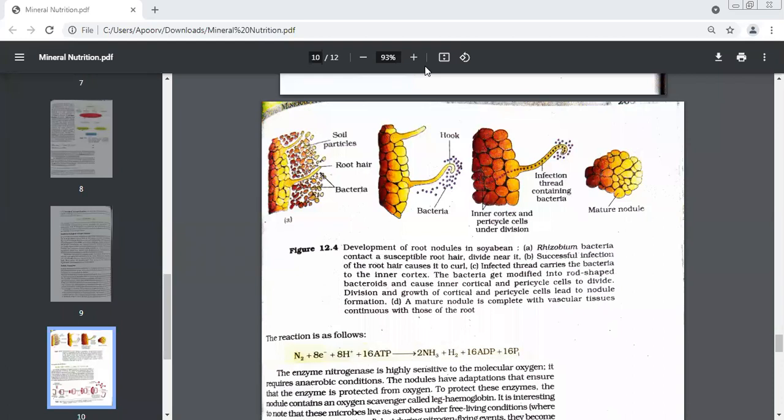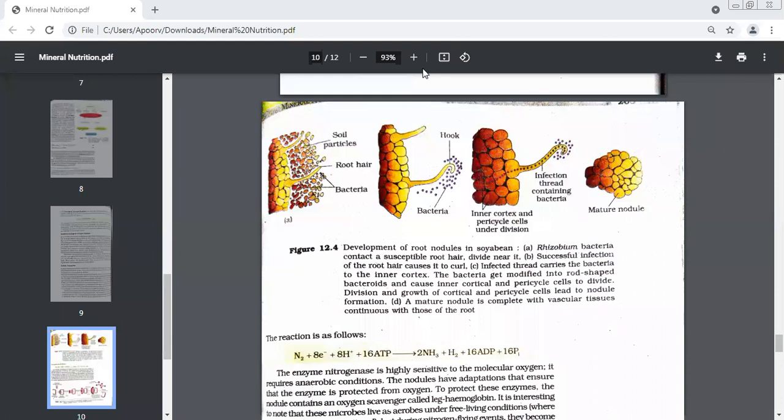What is a nodule? Small outgrowths on root. Okay, fine. We had done yesterday that leguminous plants and non-leguminous both combinations we have, or only leguminous plants you will find these nodules.